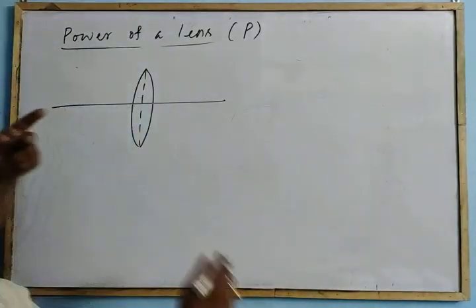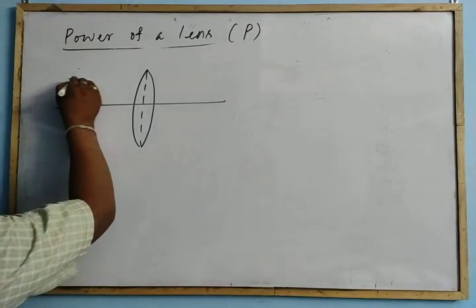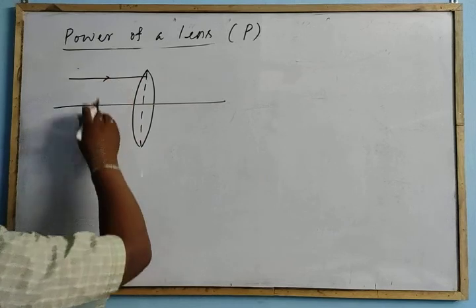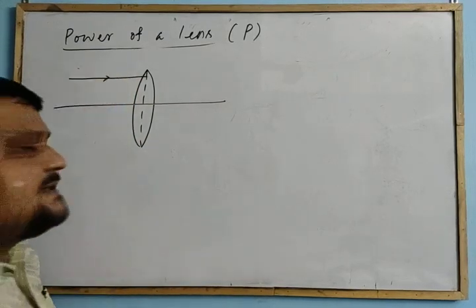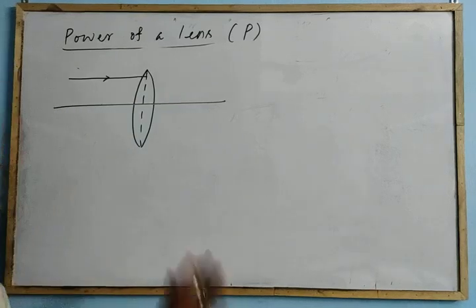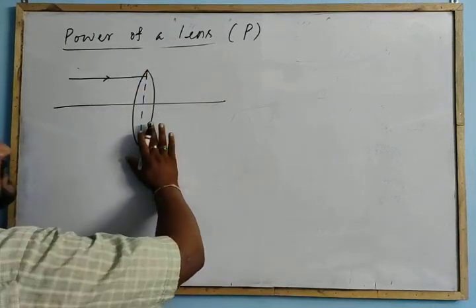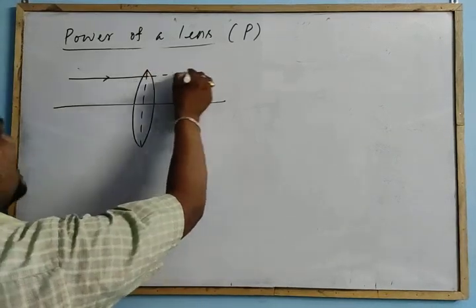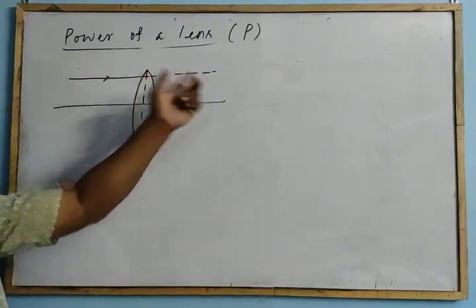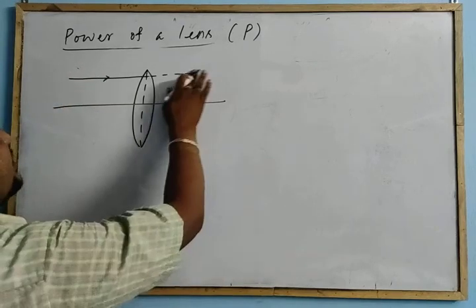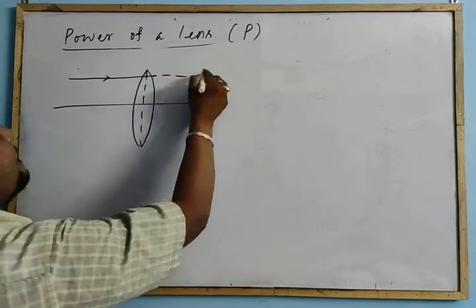Let us consider a ray incident parallel to the principal axis on the lens. If there is no refraction, no lens, then this is the actual path. The ray will go parallel, by rectilinear propagation.